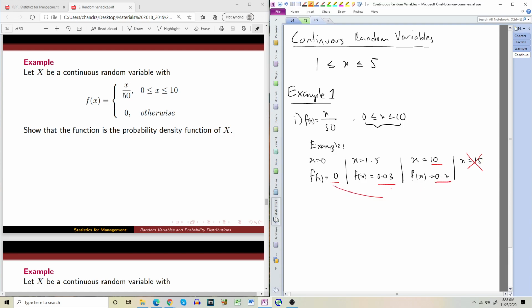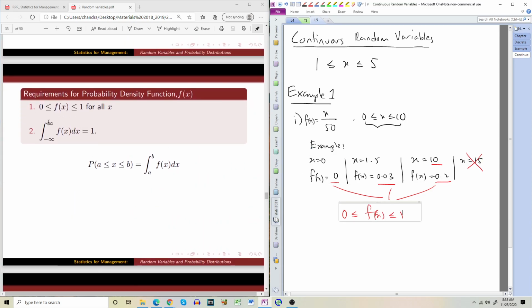All these values, you can see that f(x) is less than or equal to 1. That is our first condition. Remember, for it to be a probability density function, the first condition is that f(x) is a probability, so it must be between 0 and 1.